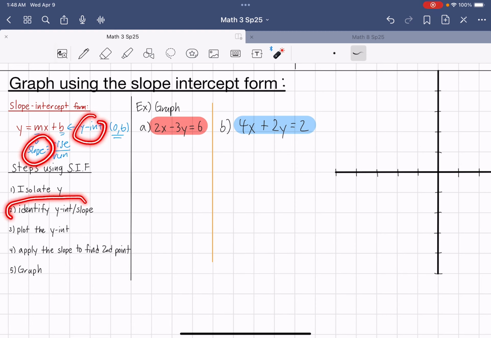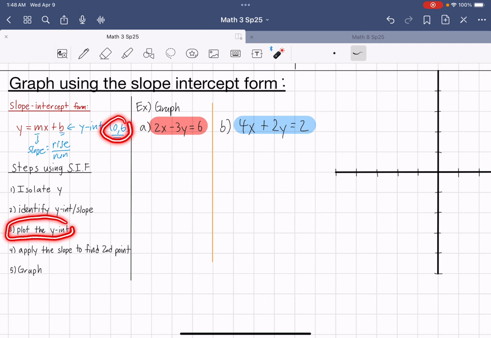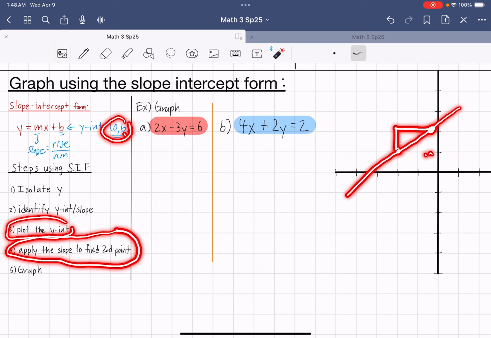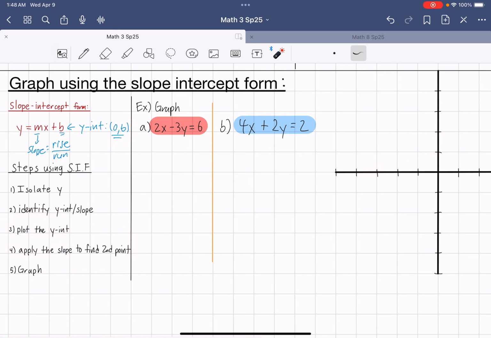And that's what step 2 is, to identify them. Once you do that, you're going to take that y-intercept and plot that point on your graph. And then step 4 is you're going to find a second point by applying the slope to the y-intercept, meaning your rise over your run, and that's going to create a second point, which is all you need to make your line. So here's the example.